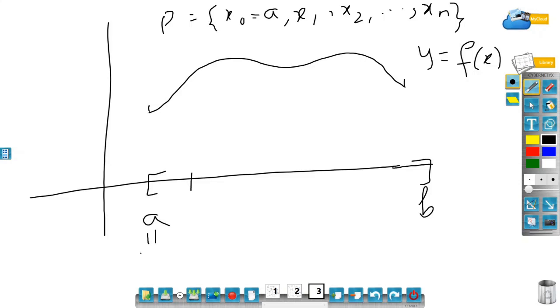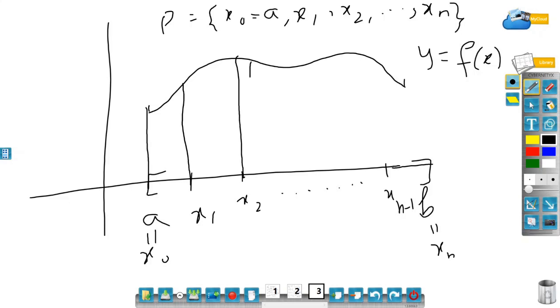So this is x0, this is x1, this is x2, and here it is xn, this is xn minus 1. So let me draw a rectangle.